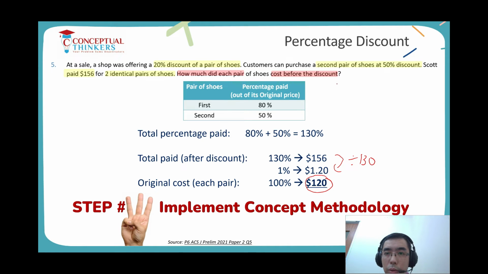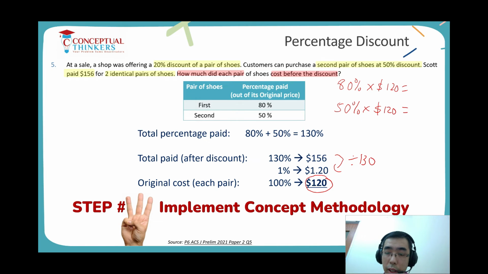We can take 80% and multiply by $120, and we also can calculate if we take 50% and multiply by $120, which is the original price, what will be the value that we're going to get? So let's do a calculation for that.